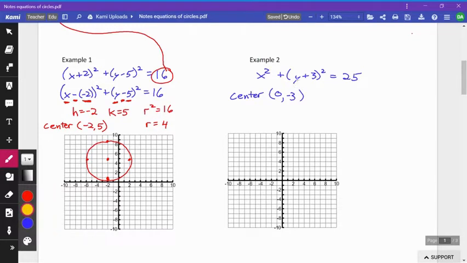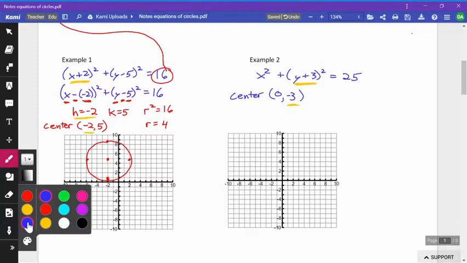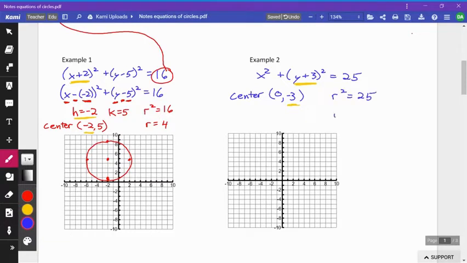Just like we did over here, where this value was x plus 2 and then it turned out to be a negative 2, y plus 3 is going to turn out to be a negative 3. So then, getting the radius, r is going to equal 5.